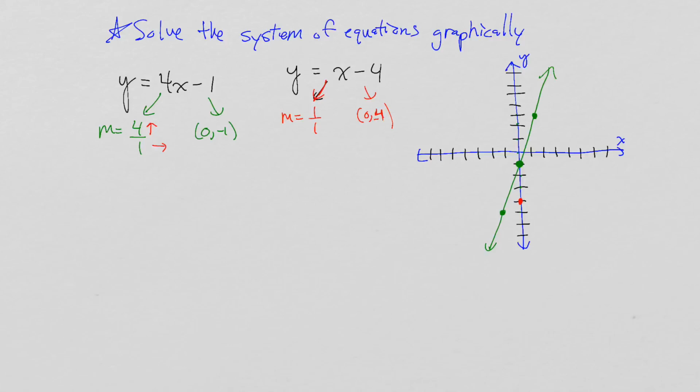And then we're going to go up 1 over 1, and keep doing that. And we can go down 1, back 1. And we're going to see that the intersection is right here at negative 1, negative 5 for the system of equations.